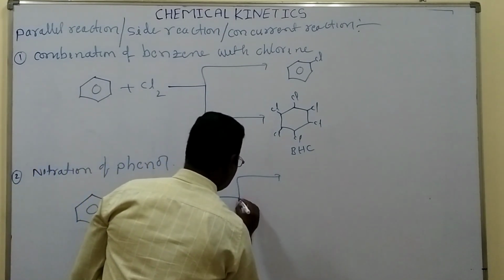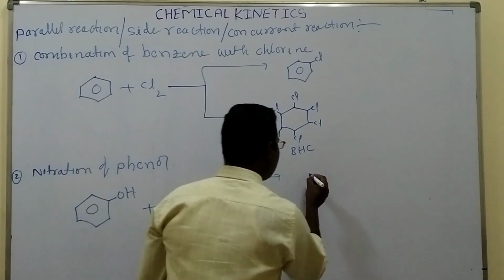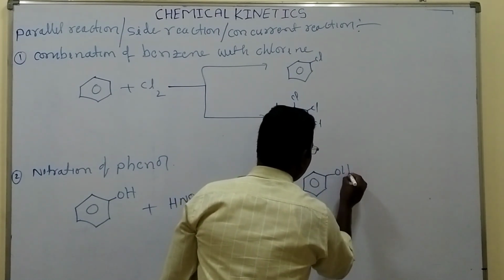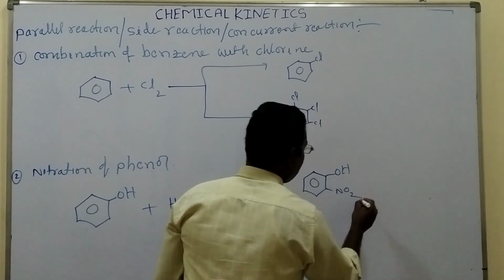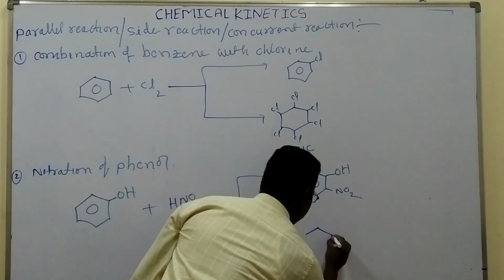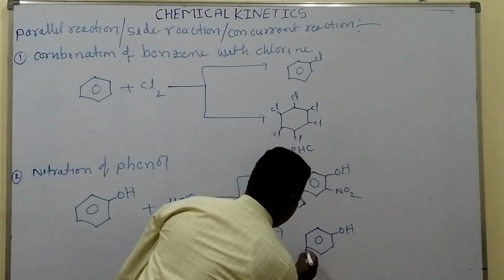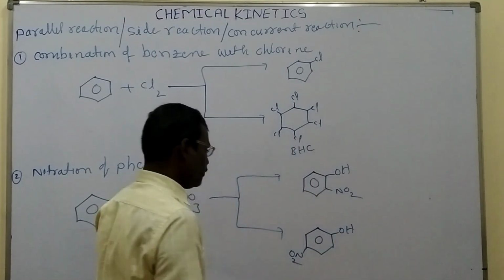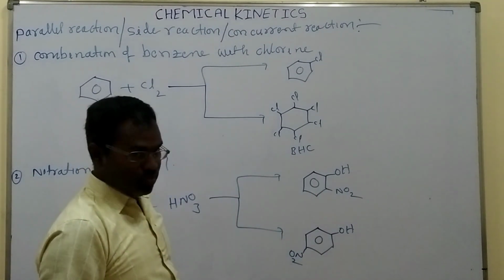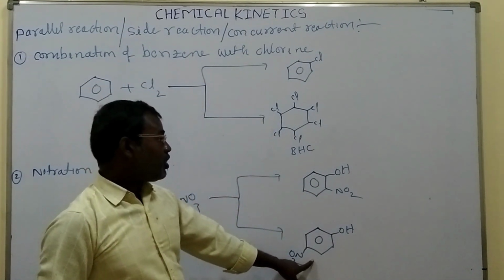In this case also we can get two types of products. One is orthonitrophenol, with OH and NO2, and another one is para-nitrophenol. So this is the ortho product and this is the para product.